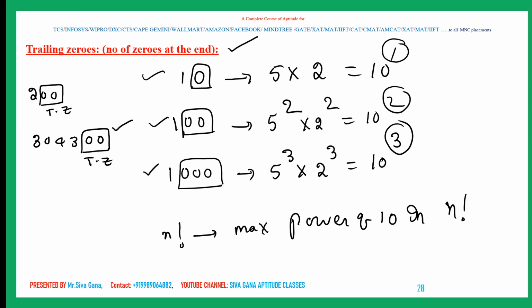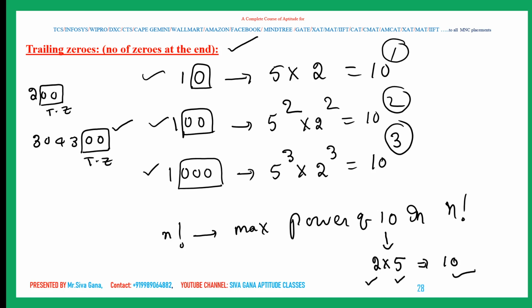Maximum power of 10 in n factorial. 10 is a composite number which can be decomposed as 2 into 5. So, to get the number of trailing zeros, first we need to calculate maximum power of 2 and then maximum power of 5. From this result, we can calculate maximum power of 10.